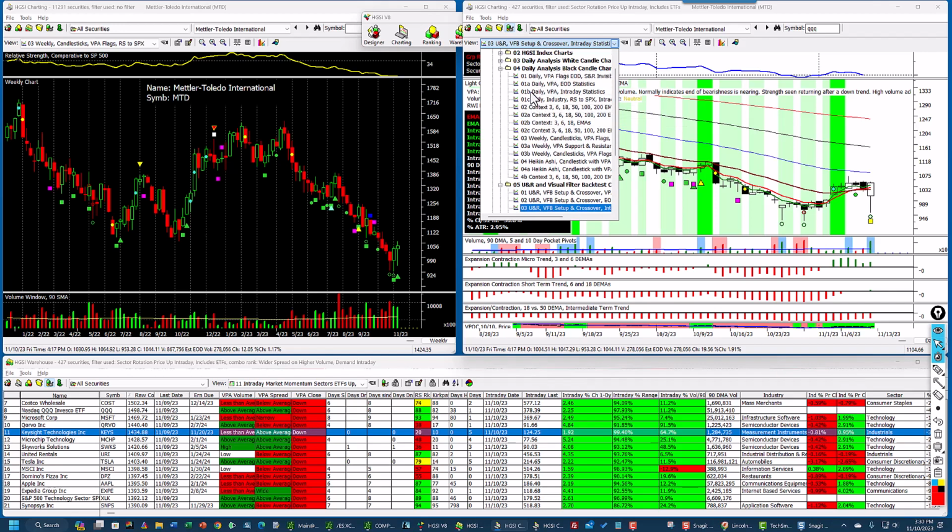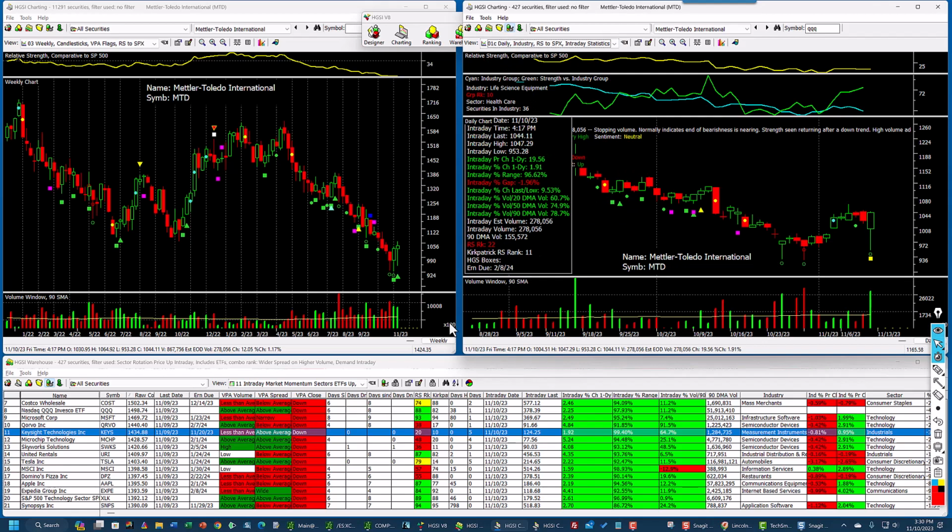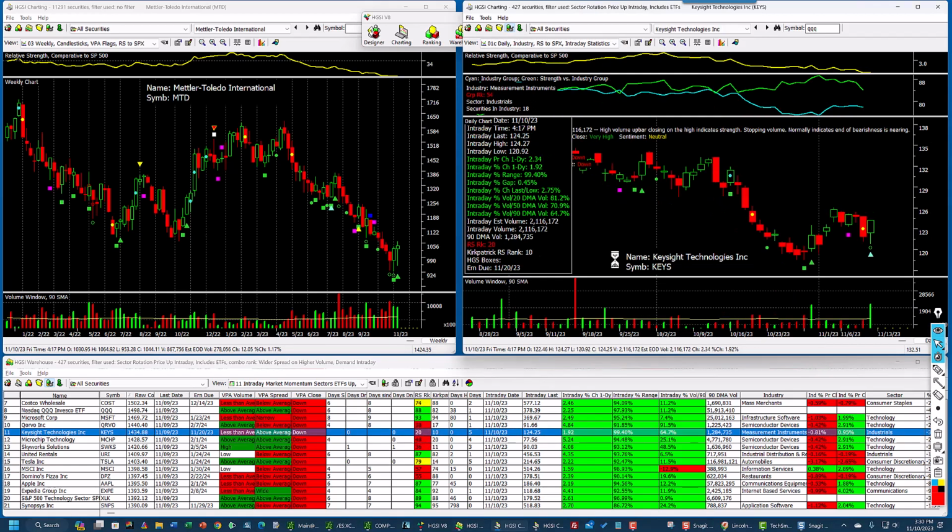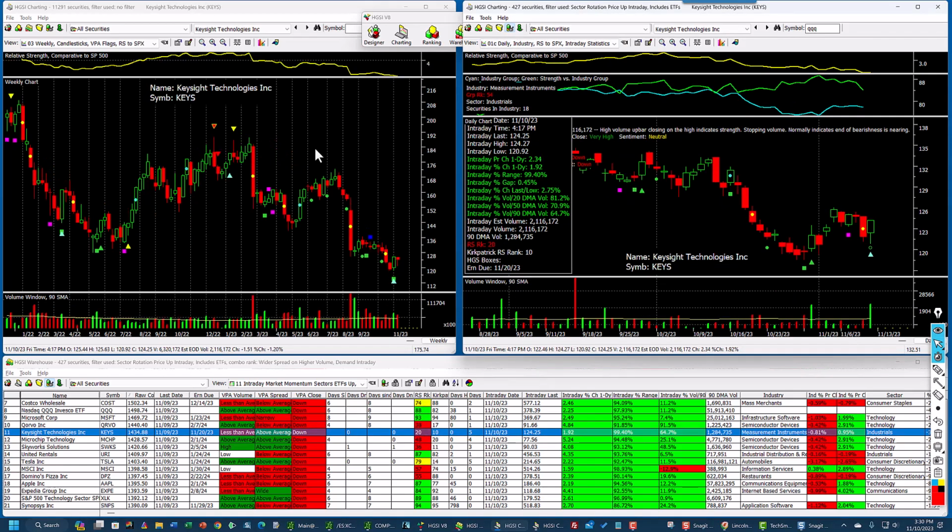I'm just going to go here to my intraday. Let's look at this again. Okay, the information is here. You can see that the volume was heavier than normal. Here's a pullback, stopping volume. Buyers are stepping into this.